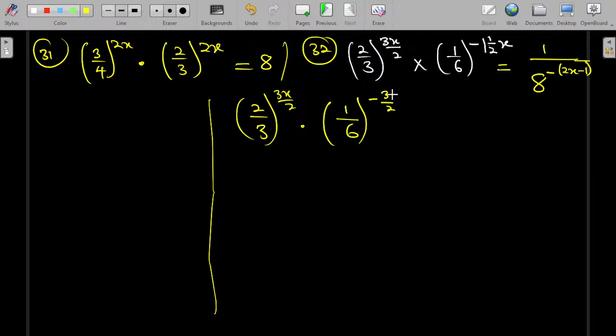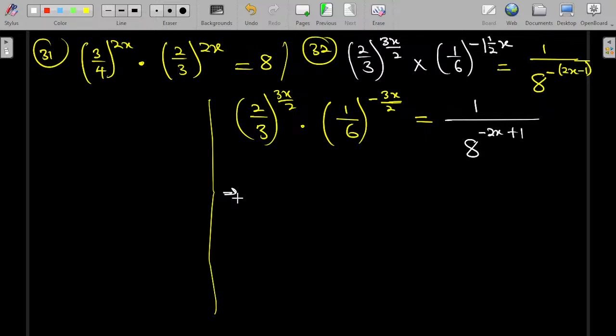Of course, that x can come up here and join your 3. So you have minus 3x over 2 is equal to 1 over, and let's leave this the way it is. Just open the bracket. If minus multiplies this, you have minus 2x, and if it multiplies minus 1, you have plus 1. So let's just leave it there.